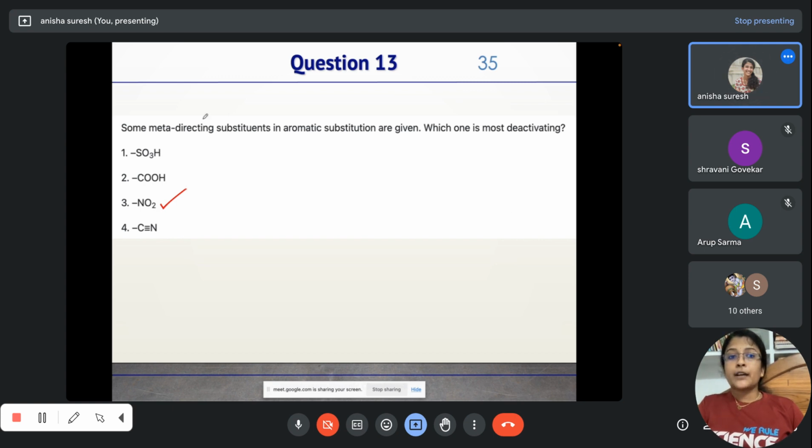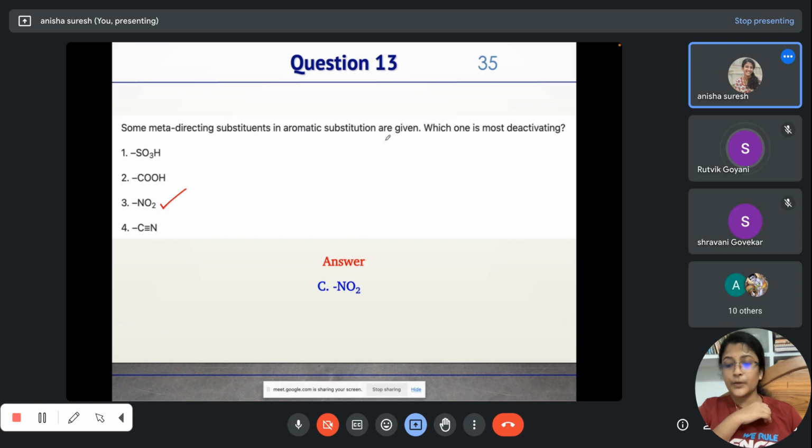Because of that, this meta directing substituent will be most deactivating in case of electrophilic aromatic substitution reaction. Is this clear? This nitro group will be highly electron withdrawing in nature compared to all the other three given. So because of that, it will be the most deactivating directing substituent in case of aromatic substitution reaction. Any doubts?